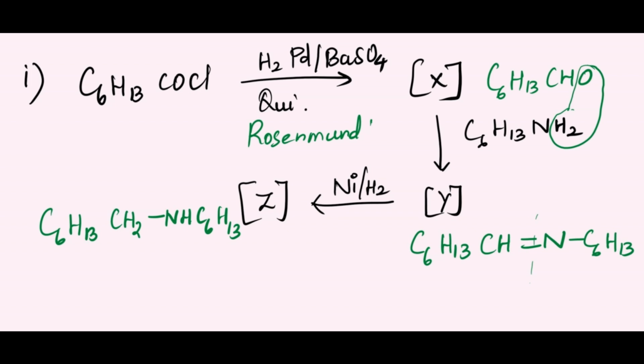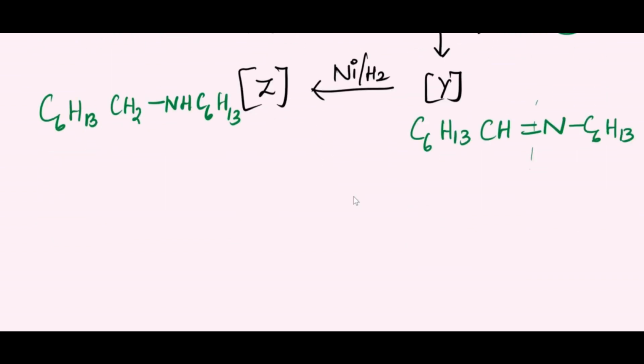So just a reduction, followed by the addition of hydrogens. That's it, you got the product. The reaction may have seemed big, but it is not big, trust me. Then we are moving to the next question.